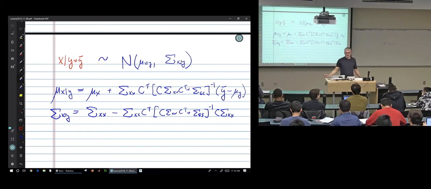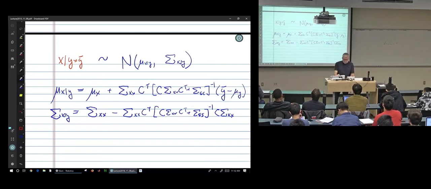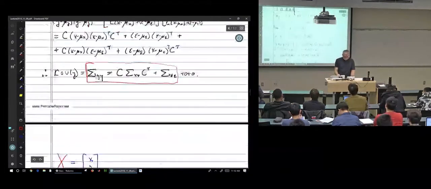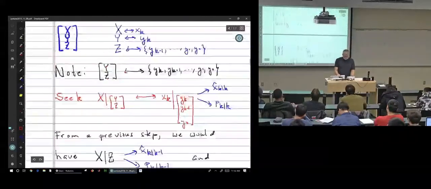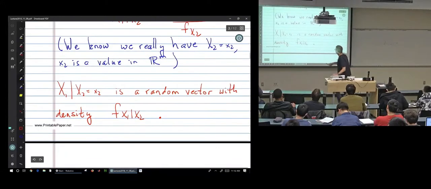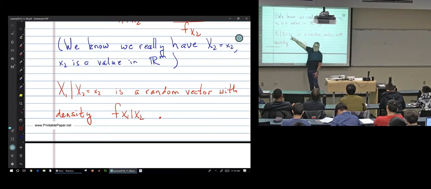So the covariance is independent of our measurement. Yeah, so this is the thing for a Gaussian random vector. The covariance is the Schur complement and it has nothing to do with the measured value. In general, this density depends on x2, and when we calculate the covariance, we would expect it to depend upon x2 as well.